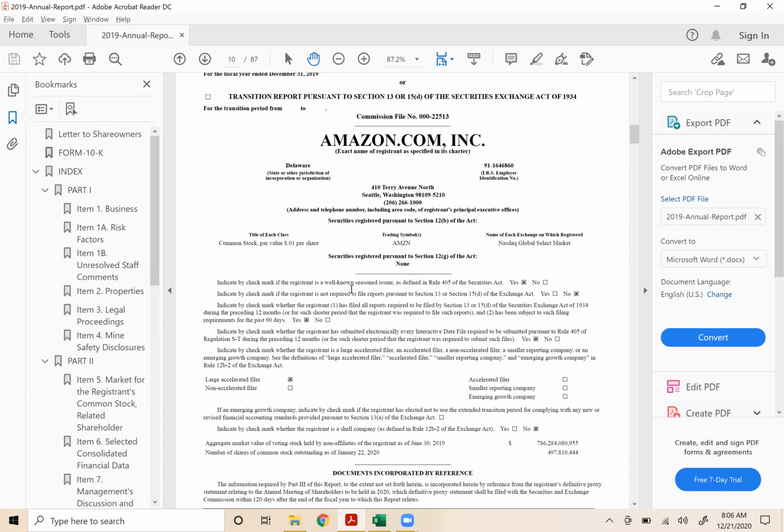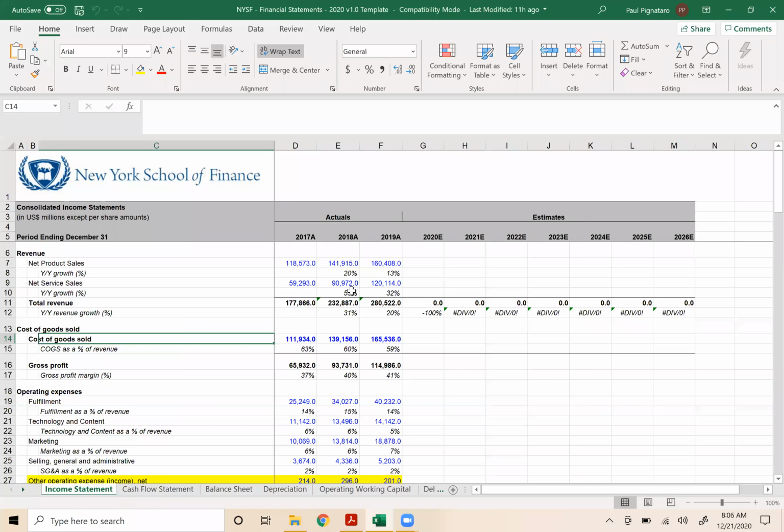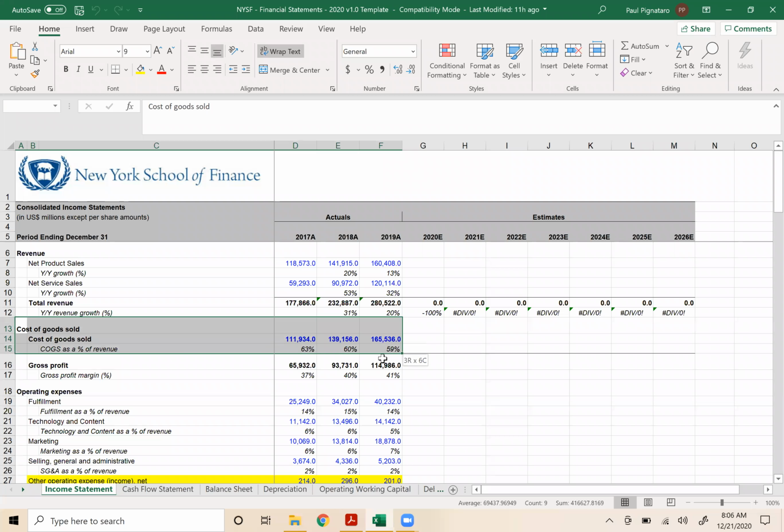We want to separate them out primarily into two major expense segments: cost of goods sold and operating expenses. And we've done that. Here's our cost of goods sold section. We've identified one line item that I think Amazon called cost of sales. We're going to call it cost of goods sold.